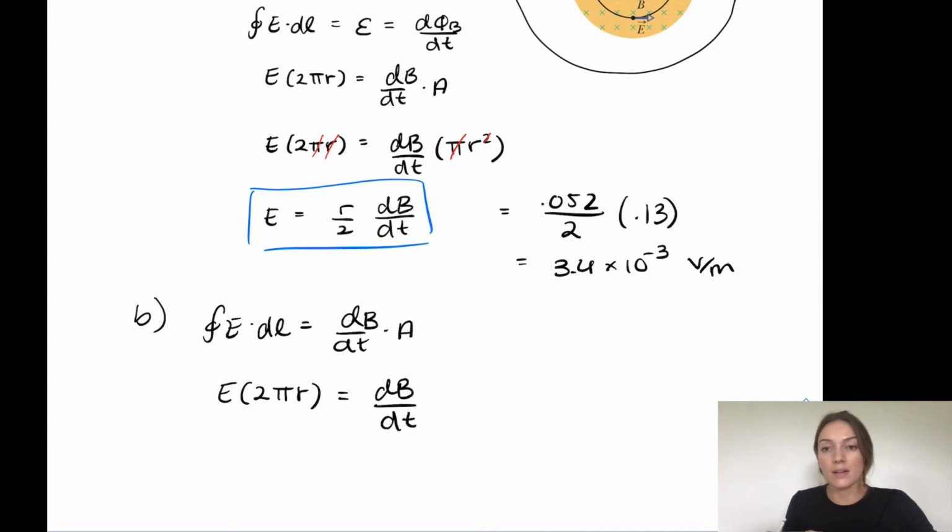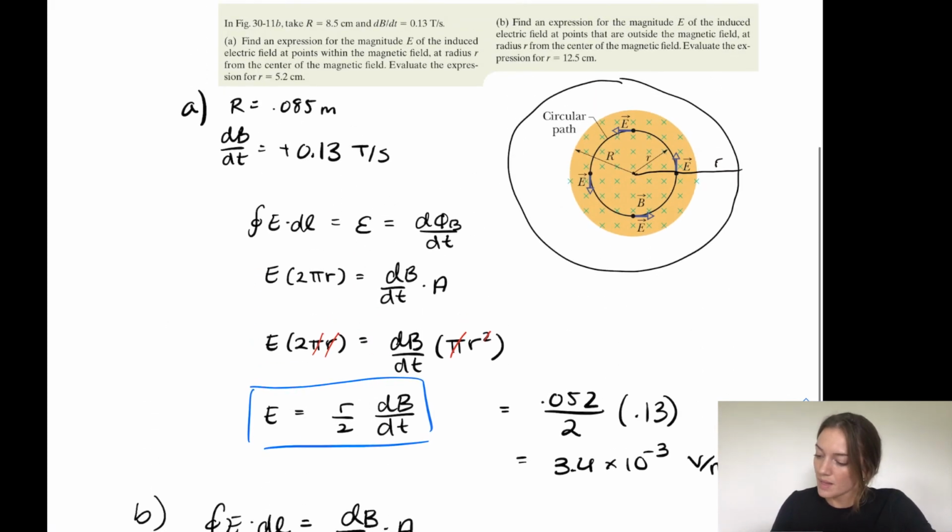But now our area, we have to be careful, because now the changing magnetic field is not in the entire area bounded by our loop, right? It's only in this area here where there is a magnetic field. All out here, there's no magnetic field. So this area all here does not contribute to the flux through this loop, only the area in here.